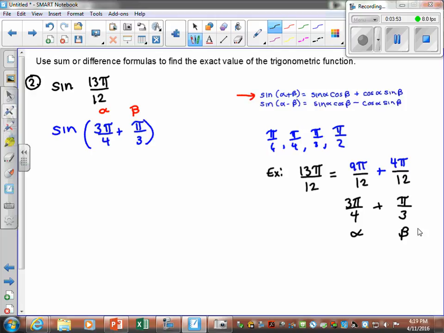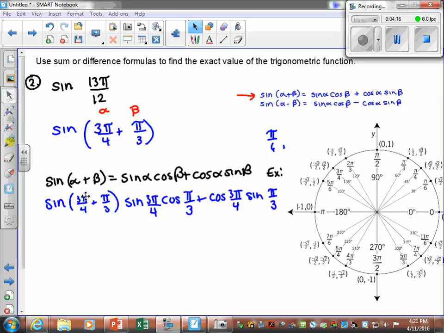So it's going to be sine of alpha plus beta is equal to sine of alpha cosine beta plus cosine alpha sine of beta. And then I'm going to substitute those values in. Okay, so I put 3 pi fourths in for alpha and pi thirds in for beta in this formula.